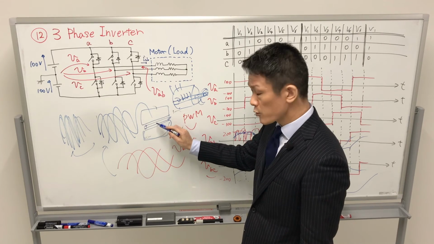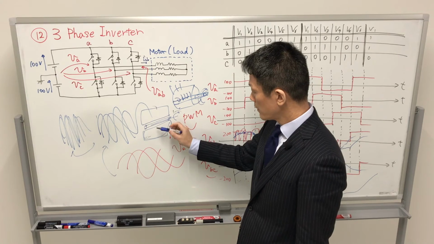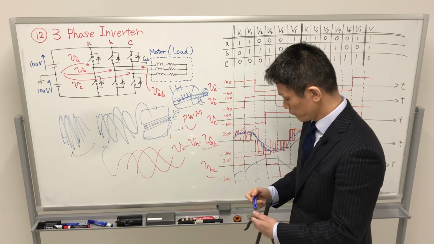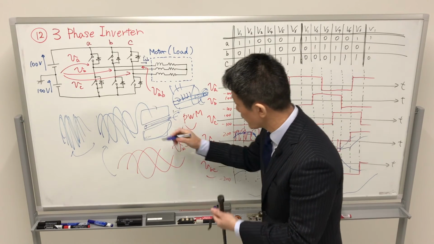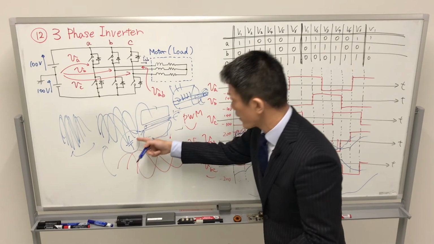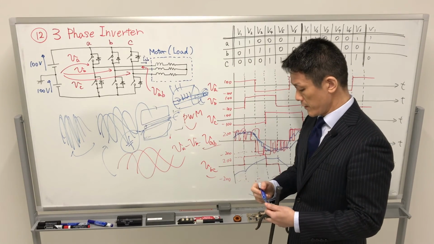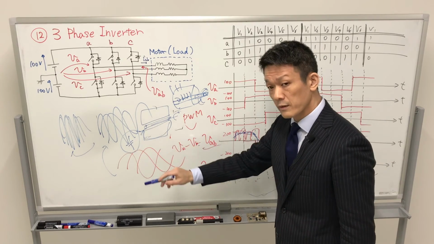Between the rotor and the stator, there are two conductors. That means this is a capacitor. We can see in the equivalent circuit that it is a capacitor.